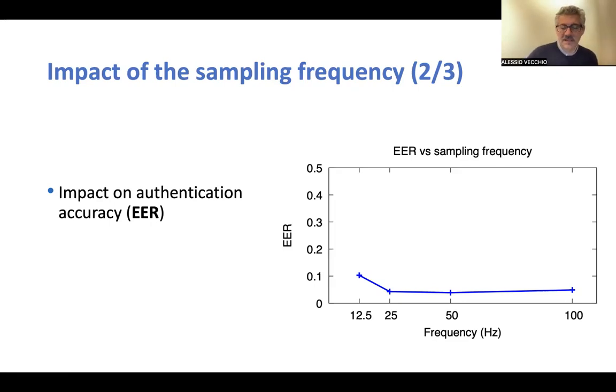So this basically means that going down to 12.5 Hertz is a bit too much, because the accuracy of the system gets significantly worse compared to the other possibilities.